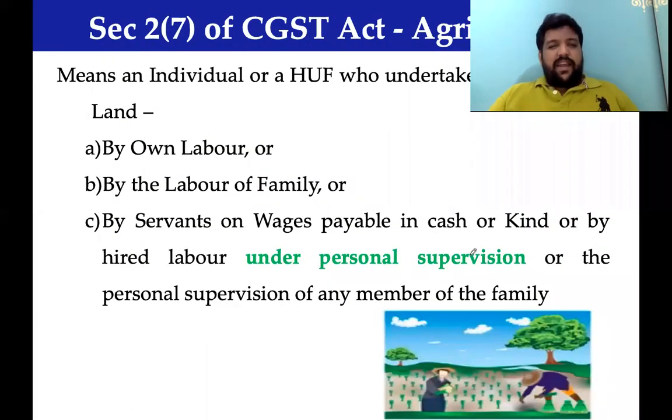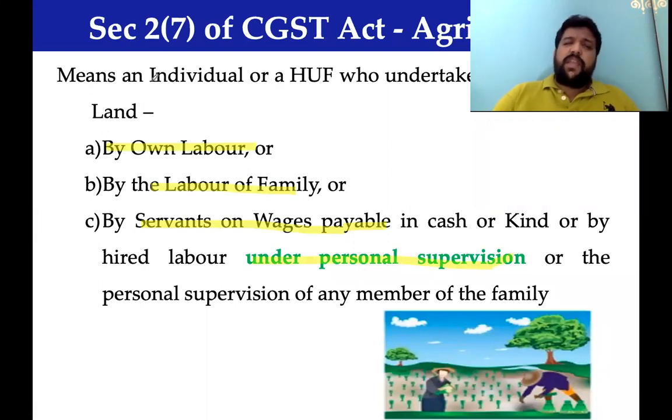A word is there, agriculturist. Agriculturist means a person who is engaged in cultivation by his own labor or the labor of his family, or by servants on wages payable under his personal supervision. The word agriculturist is defined consciously for a purpose. It means an individual or HUF. A company and the like cannot be an agriculturist.